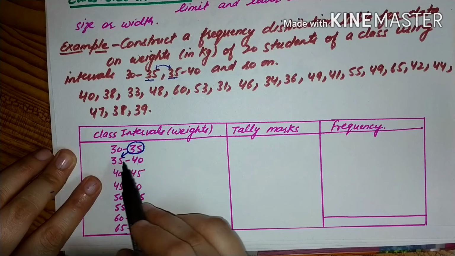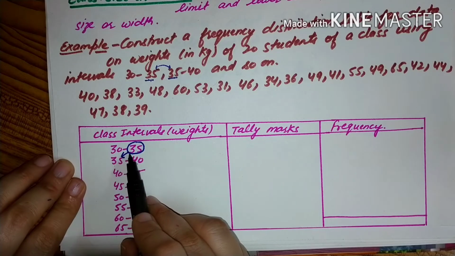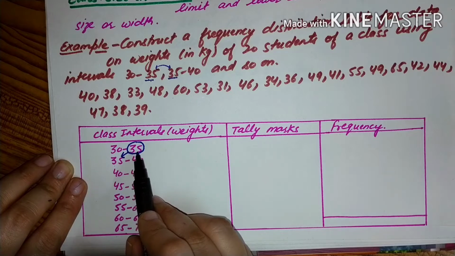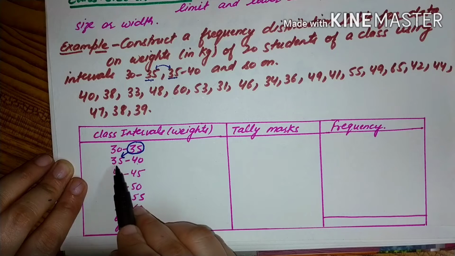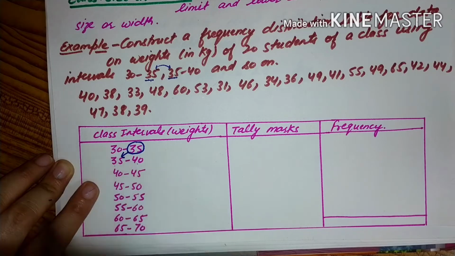Means if we are taking the values from 30 to 35, 35 will not be included in 30 to 35, that will be included in the next interval, that is 35 to 40.